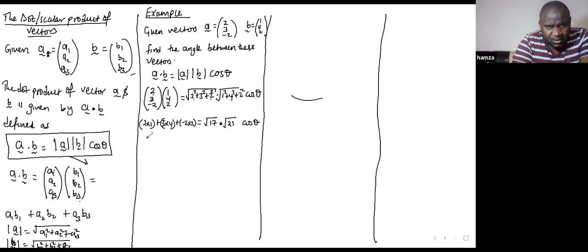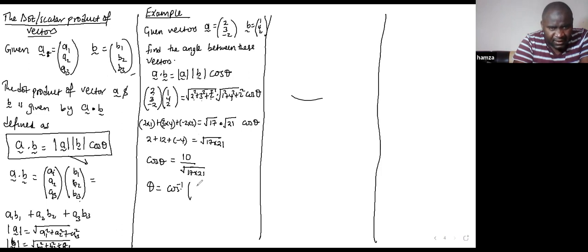This will give me 2 plus 12 plus -4 is equal to square root of 17 times 21. Therefore, cos theta is going to be 10 out of root of 17 times 21. So therefore, theta is cos inverse of 10 out of root of 17 times 21.